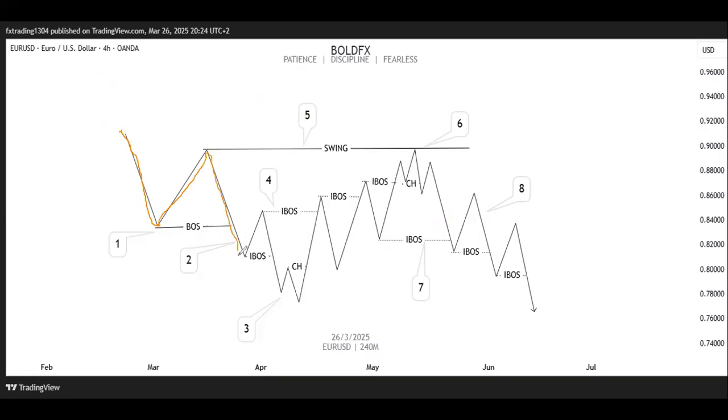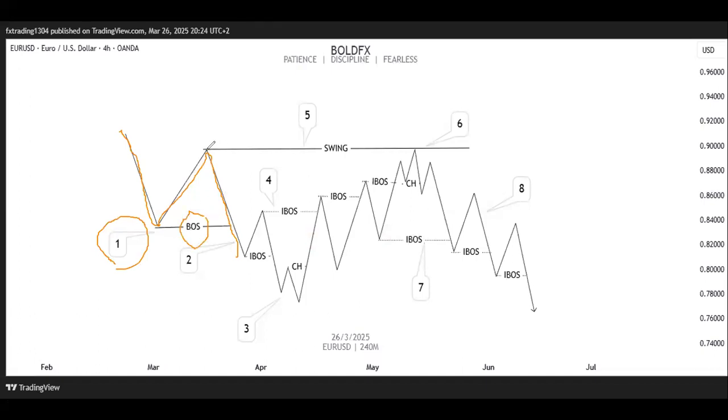Then forming a break of structure. So here at number one, you can clearly identify a bearish swing structure, right?